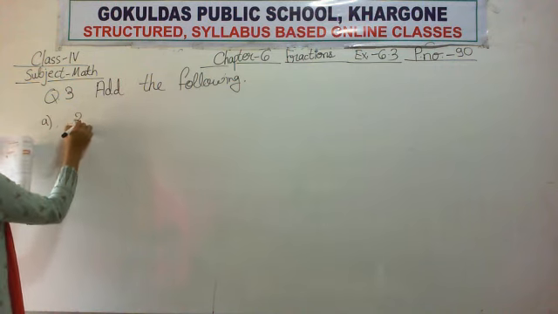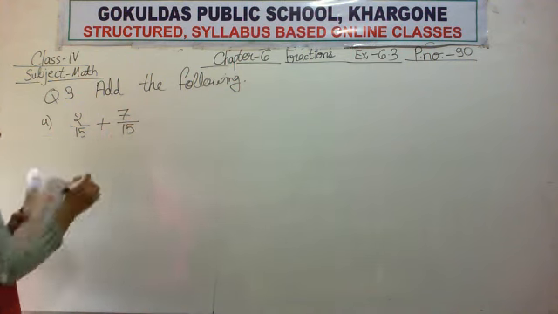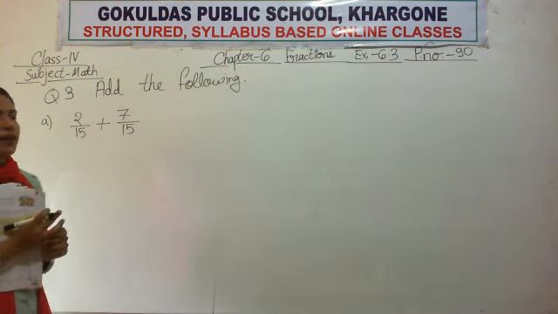Part A, 2 upon 15 plus 7 upon 15. Your question is given like this, okay?